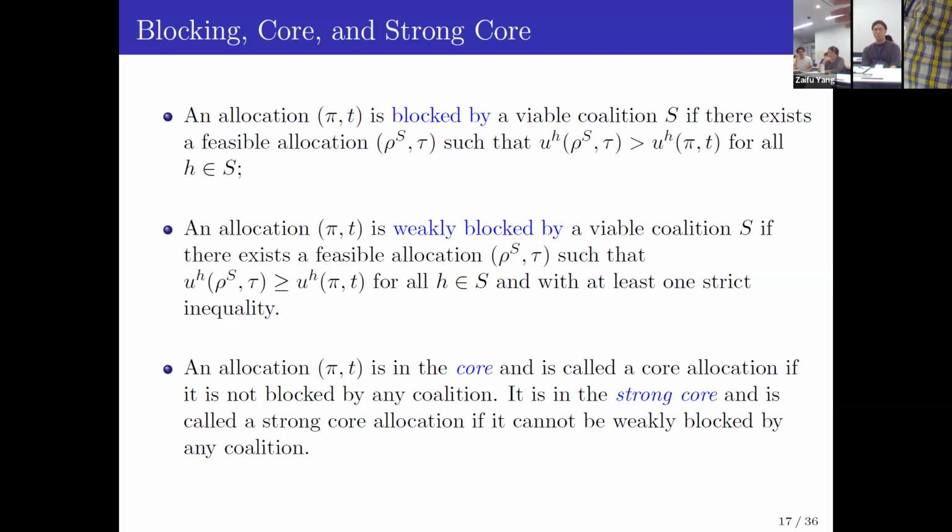And in the other case, the auction will find a core allocation, which is strongly priority efficient. Okay, I see. But my question is different, actually.